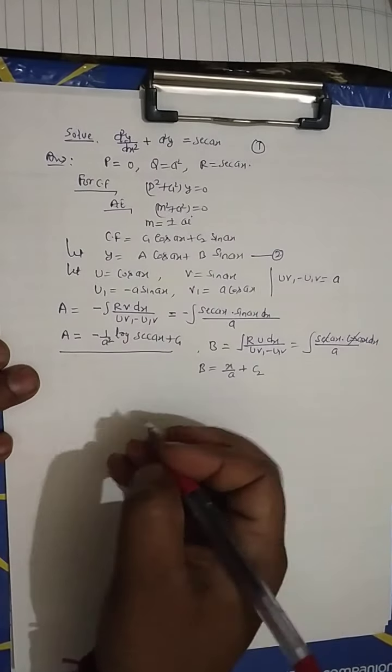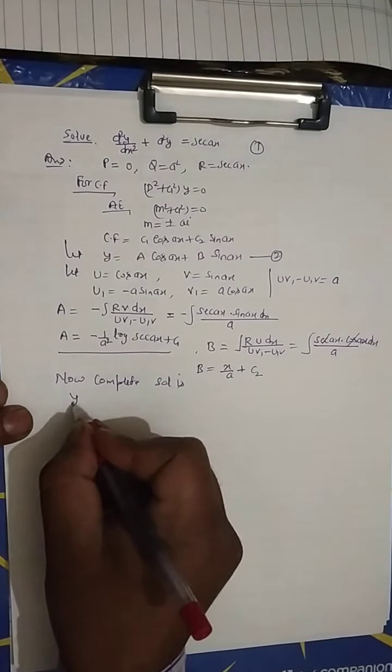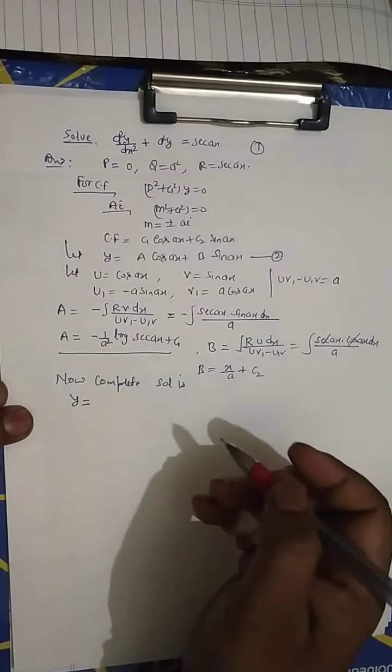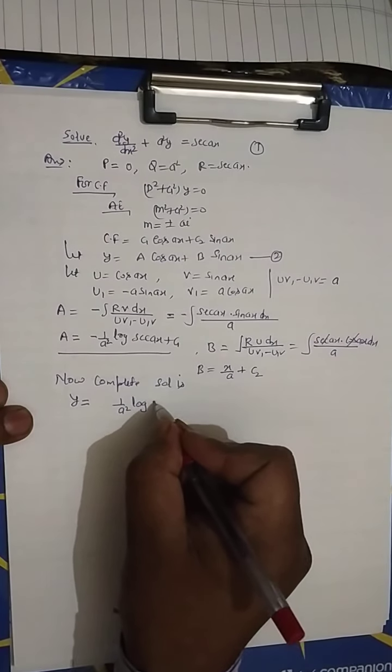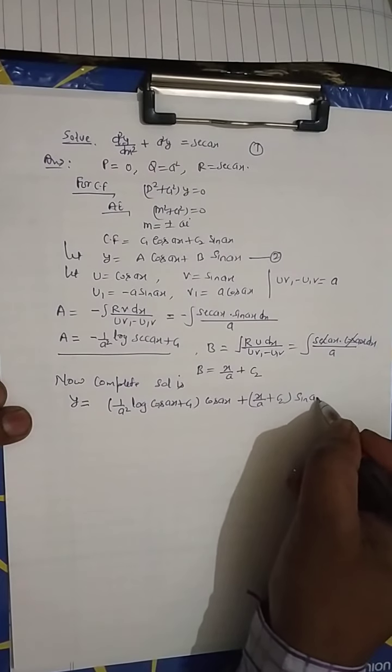Now the complete solution: putting the values of A and B in equation number 2, y is equal to 1 upon a square log cos ax plus c1 cos ax plus x upon a plus c2 sin ax.